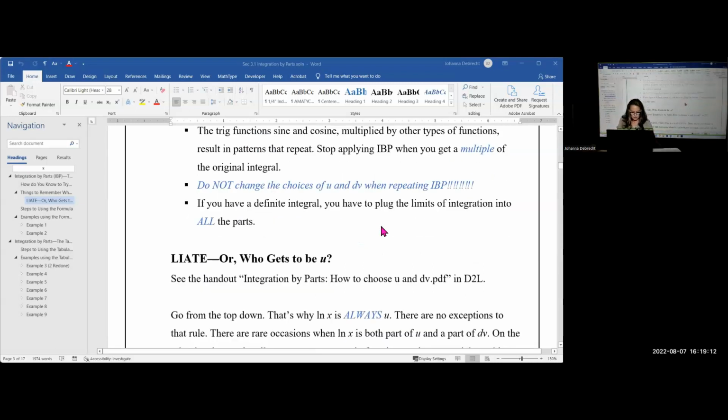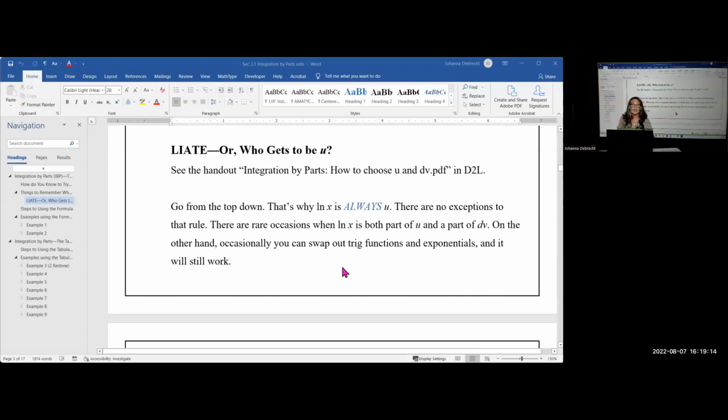Now let's talk about that mnemonic device, LIATE, or who gets to be u. We're going to go from the top down or from the left to the right. So you're going to read it the way that we normally do in the English language. And we're going to keep in mind that there are occasions, rare occasions, but there are times when natural log of x actually is a part of both u and dv.